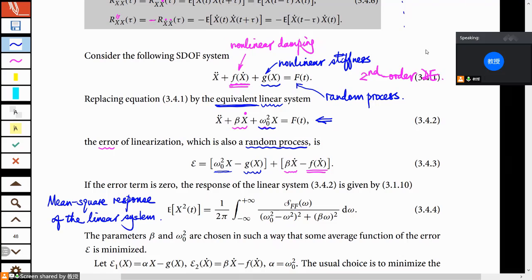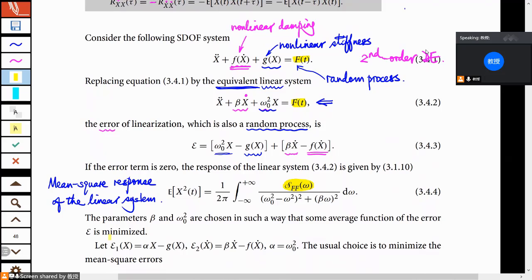Okay, so S_FF is the power spectral density function of the excitation. And the denominator is the frequency response function. Okay, so we can evaluate this.